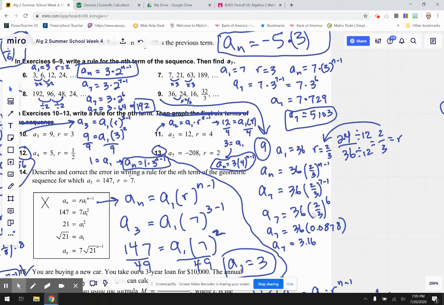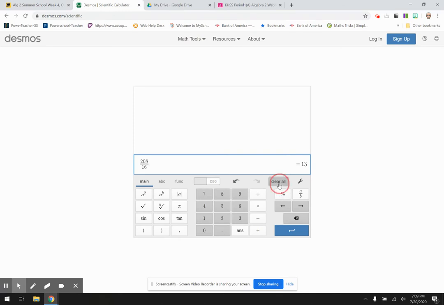Again, I just left it as a decimal. Actually, I went to the Desmos calculator, and I did parentheses, 2/3, end of parentheses. Oh, wait, no, hold on, not there. Outside of here, then end of parentheses. And then I shift 6 to get to the exponent, or you can put it up here too. And then I hit 6th power.